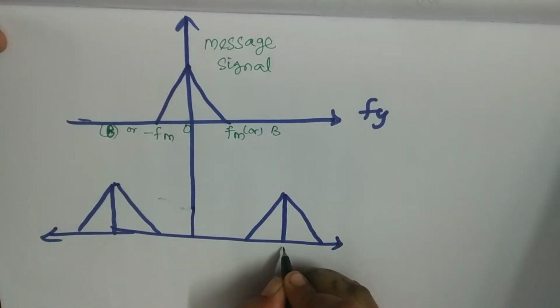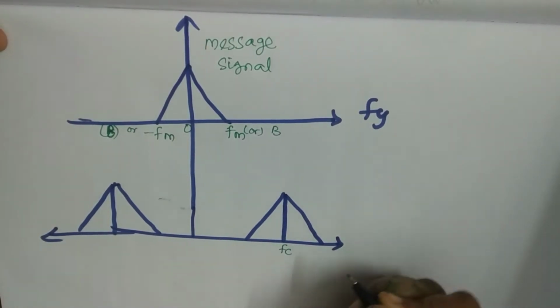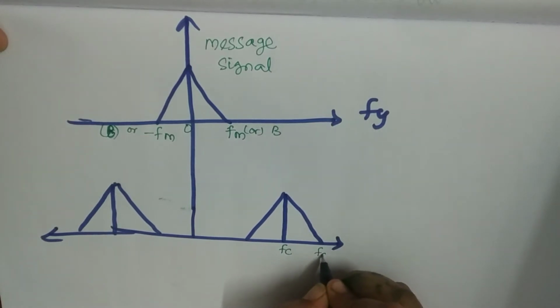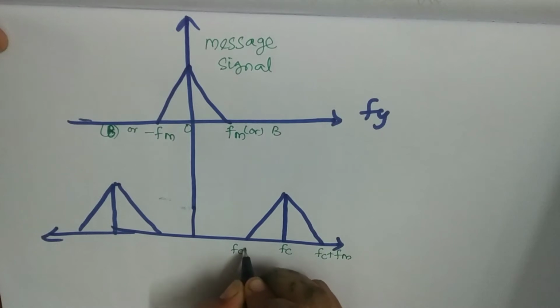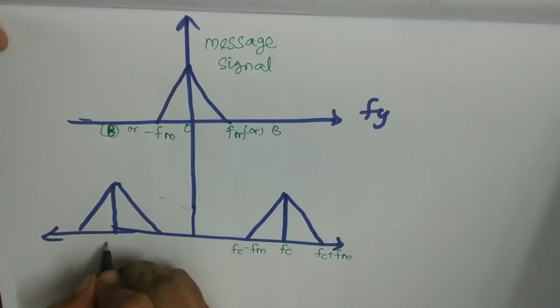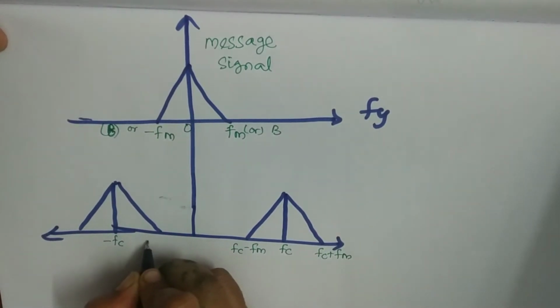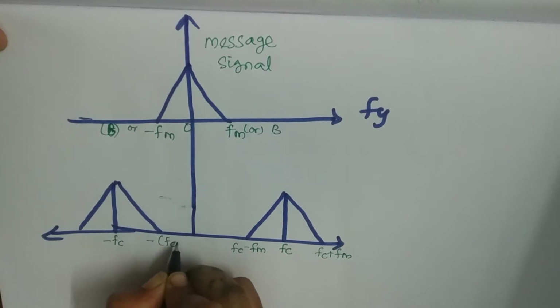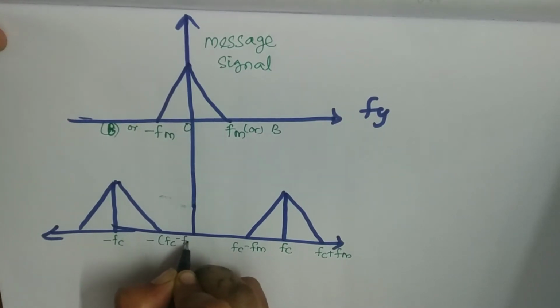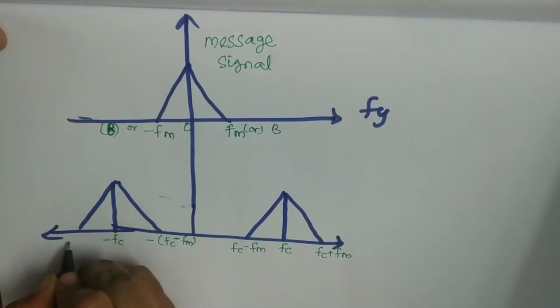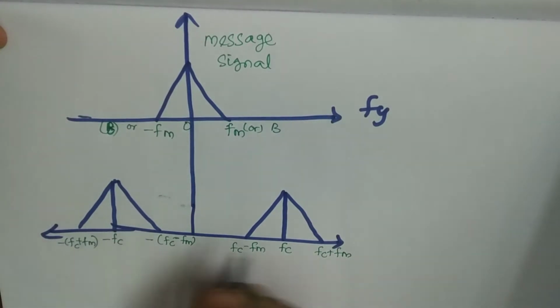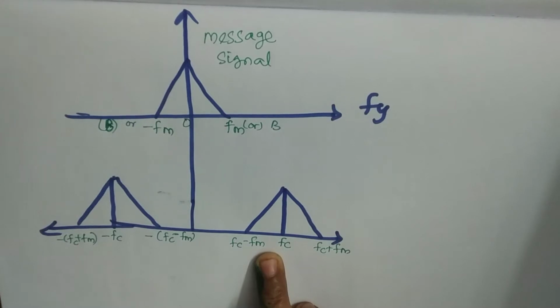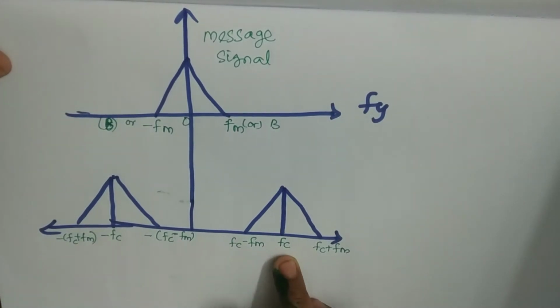Here this is the carrier frequency, this is Fc plus Fm, this is Fc minus Fm, and here minus Fc, minus of Fc minus Fm, and minus of Fc plus Fm. So this is the frequency response of the double sideband signal.